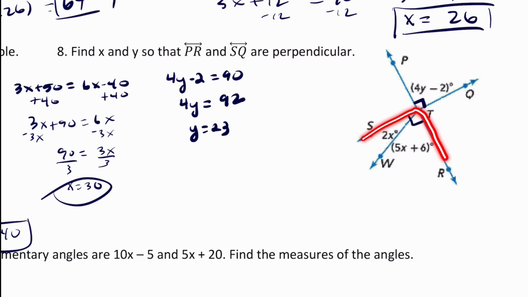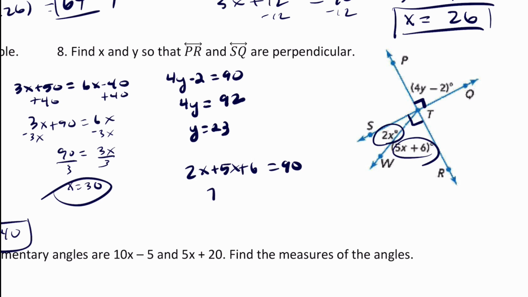Notice that this angle contains my x's, and it's all associated to this 90 degree angle. And remember, when we have an angle plus an angle that gives me 90 degrees, those are what we call complementary angles, right? So all I got to do is take this 2x and add that to 5x plus 6, and then set them both equal to 90 degrees.